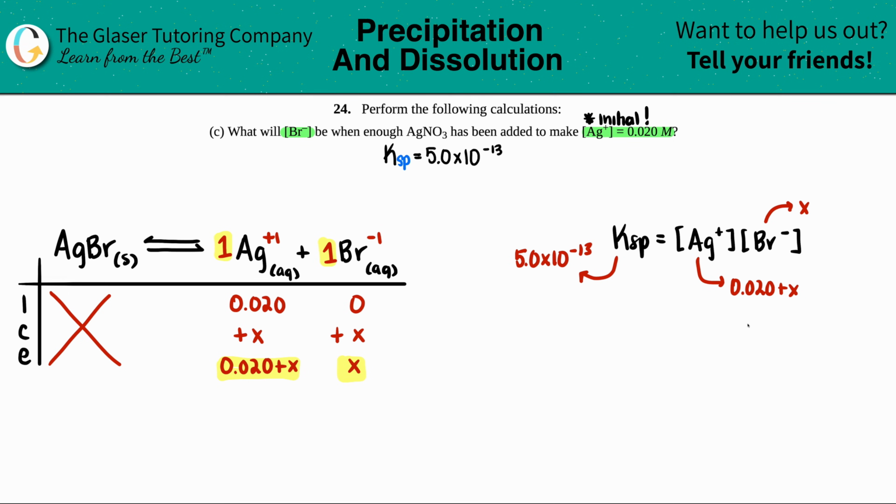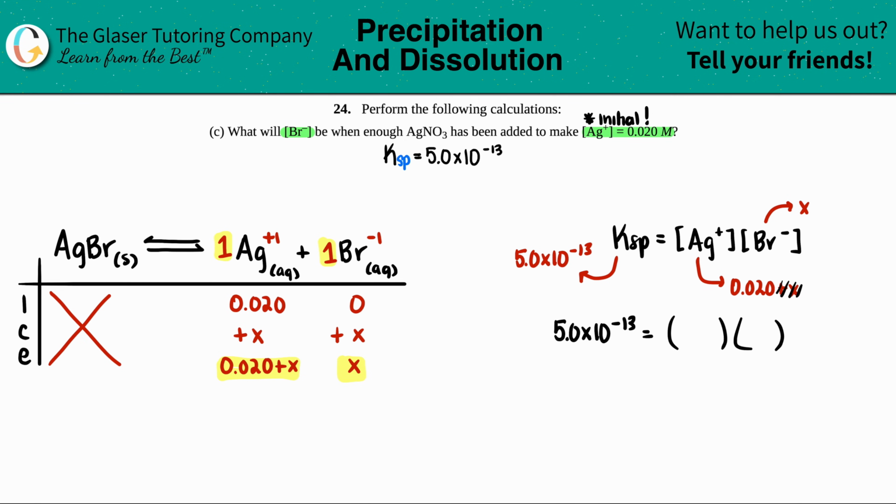So we like to assume first, and then if it doesn't work out, then we have to do that math. But since this KSP is so small, that means that probably this increase in concentration is so little that you probably won't even notice it. So therefore, the beginning is probably going to be very close to the end, and I can get rid of this plus x. Then we do a check at the end, but as of right now, let's just plug in our numbers and solve.